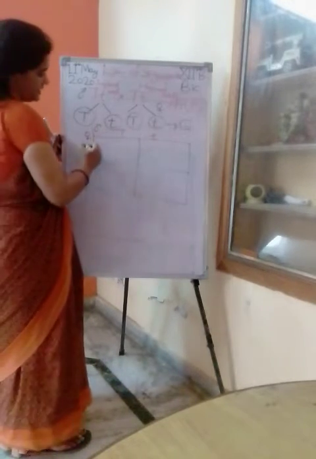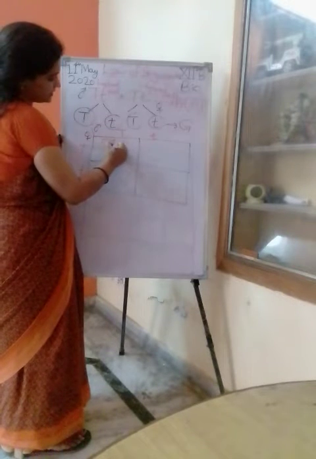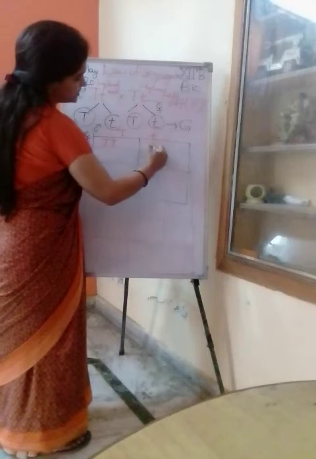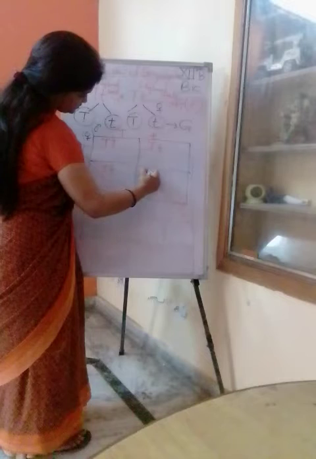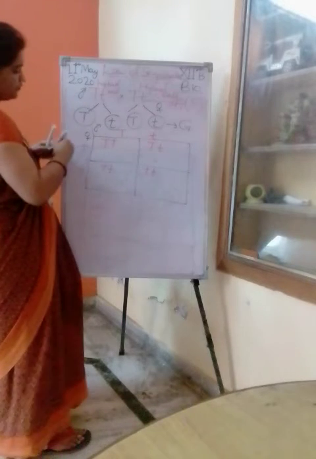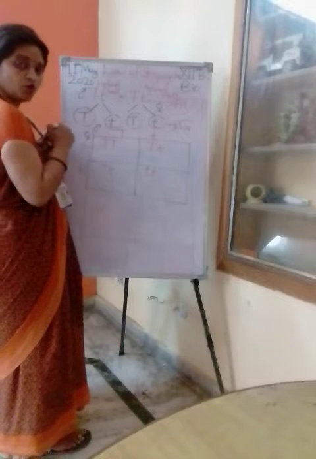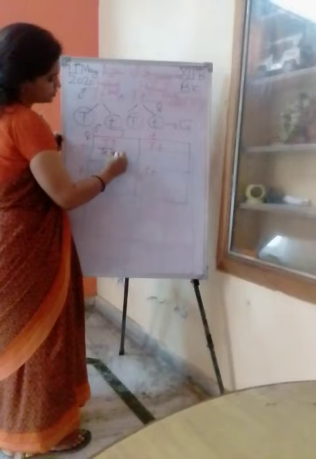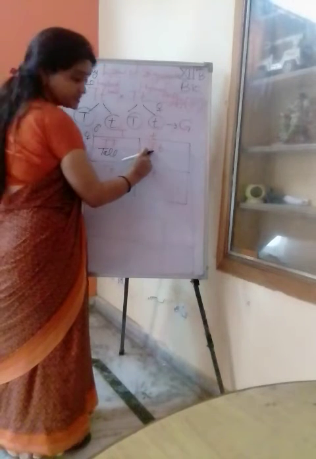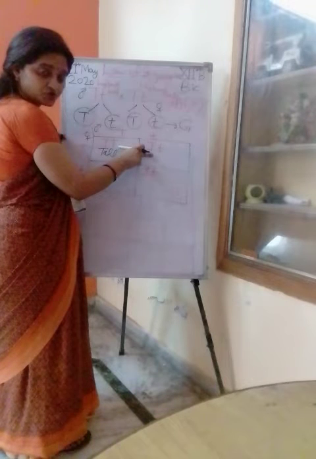What will we get? Crossing gives capital T capital T, capital T small t, capital T small t, and small t small t. What is this? Is it homozygous or heterozygous? This is homozygous because the alleles are the same. This is tall. This is heterozygous. Look at the blackboard, students.